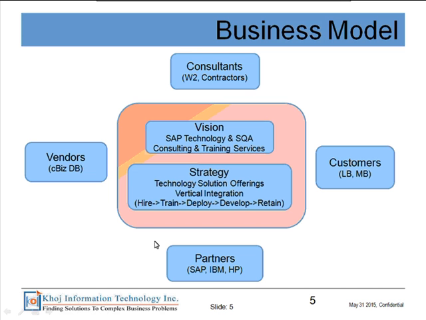Partnerships we talked about, right? So we rely very heavily on these partnerships. From a vendor standpoint, we over the years have built a very extensive database called CBIZ. We use a software product called CBIZ, in which each and every vendor as well as independent consultant we have ever talked to, we have details around, right?